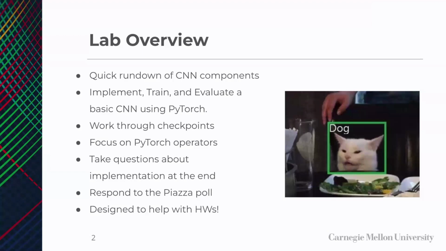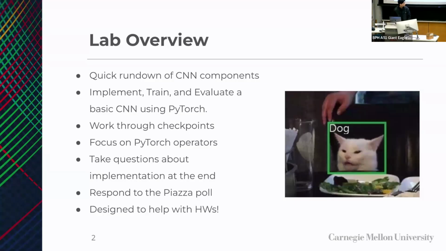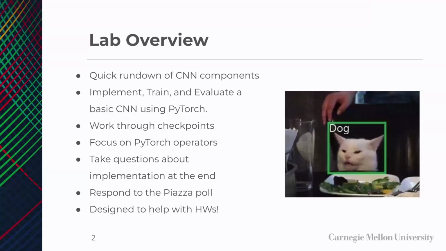Okay, hello everyone. Welcome to today's lab session. This is lab 5 about CNN basics and backpropagation. And this is what we're going to do in this lab. We're going to first go through the CNN components, then implement, train, and evaluate the basics of CNN using PyTorch.